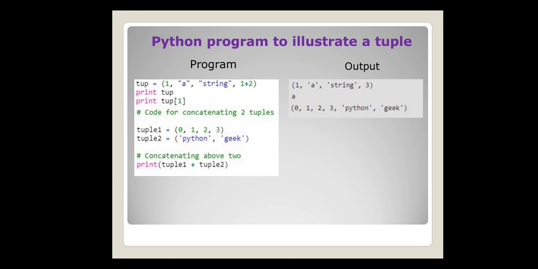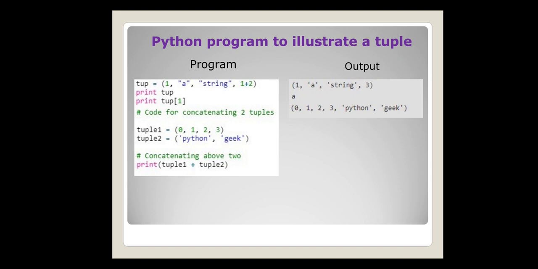Illustrating a tuple here, I am taking the same elements as a list. If you want to create a tuple, you just need to specify the tuple name. I am taking tup as a tuple which consists of the element 1, a string a, and I am adding two numbers, 1 plus 2.